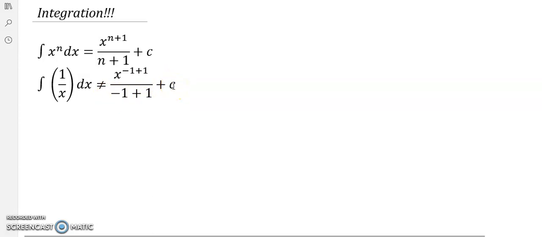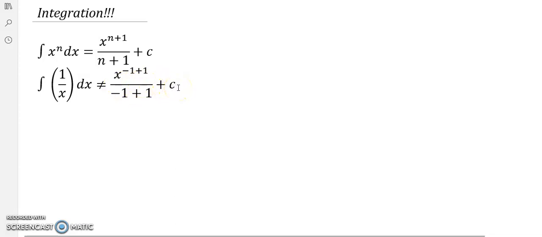Okay guys, the reason why this is not equal to this is that on the denominator, as you can see, -1 plus 1 will add up to 0, and in maths we don't permit such, because this will give us undefined.